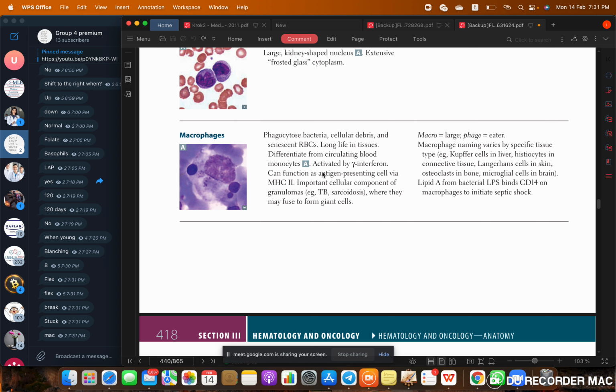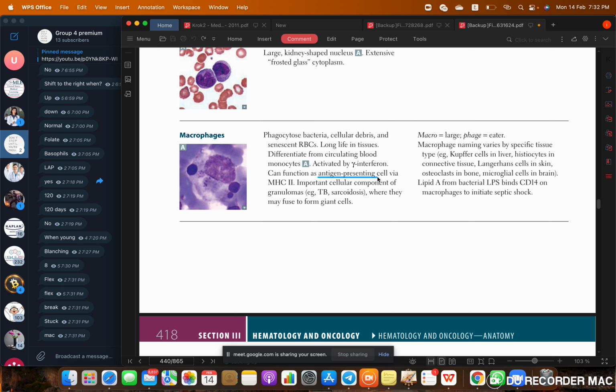So they write, differentiated from circulating blood monocytes, I mean the macrophages, and they can be activated by gamma interferons. Remember, this was really important for the sake of creating granulomas.